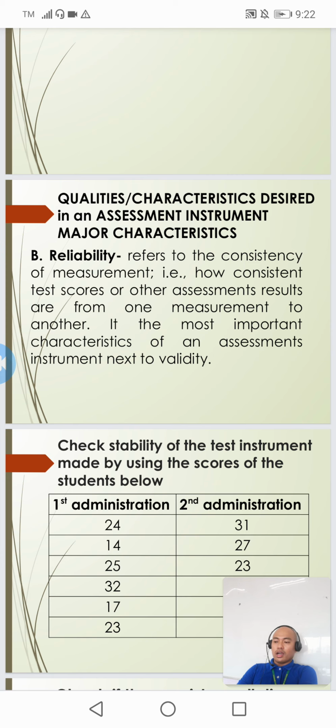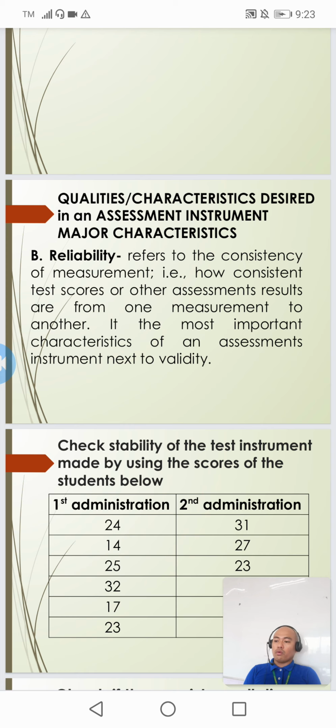So this is internal consistency, which is the fourth method in checking the reliability of our test instrument. Another one is the test-retest with equivalent form. This is now the combination of the two forms that I have presented. Test-retest yung una, and equivalent form yung pangalawa. Now, this method is a combination of the two types which are test-retest and equivalent form.